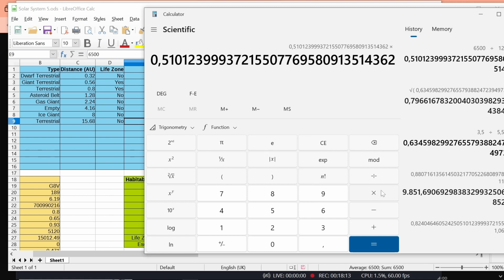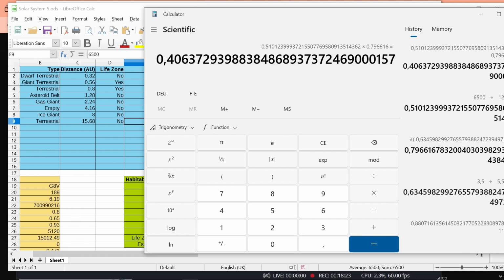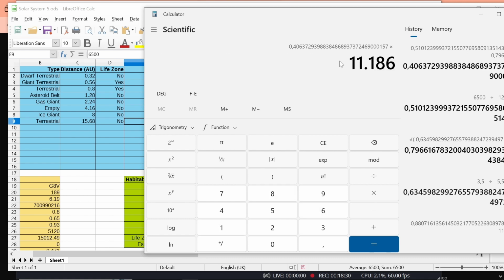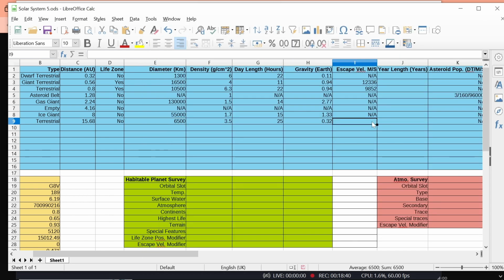And we'll multiply that by this number over here, 0.796616, giving us 0.40, and we'll multiply this by 11186, giving us 4,545.6. 4546 is what I'll write.